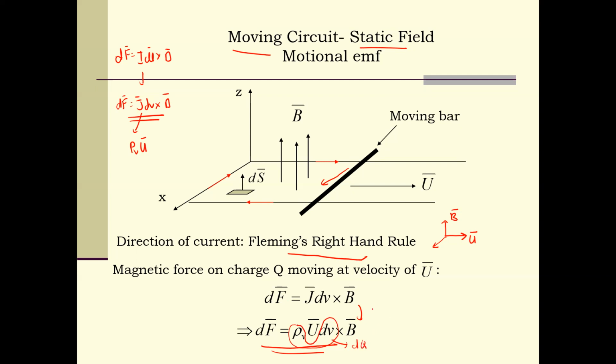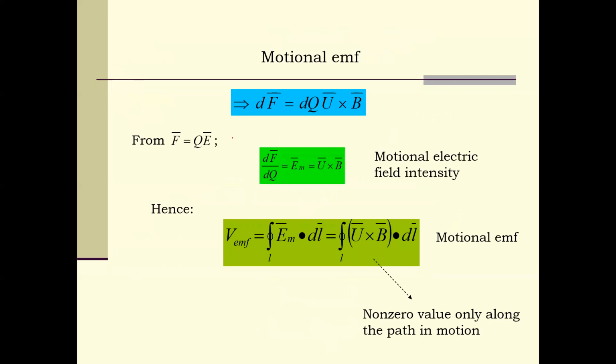So we have dF equals dQ u cross B. This is the force that exists on the charge dQ in the moving bar structure.